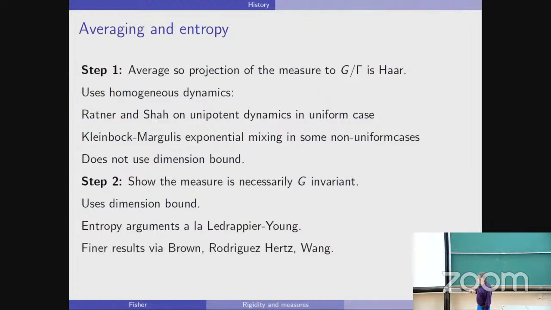And if you're in the case that I just wrote on the board, this SL(n,R), if you're looking at co-compact lattices, you can get away with a cheap argument that just uses the actual paper of Ledrappier-Young. And if you want to prove our most general and best theorems, you need a stronger result by Brown, Rodriguez Hertz, and Wang that gets you the entropy estimates, sort of a stronger version of entropy implies rigidity of the measures.